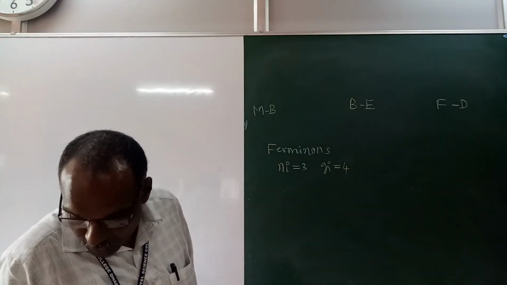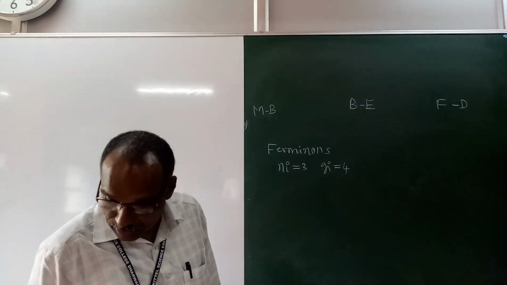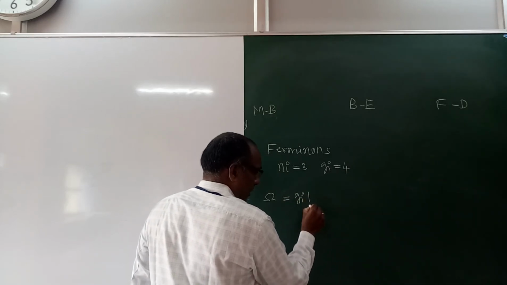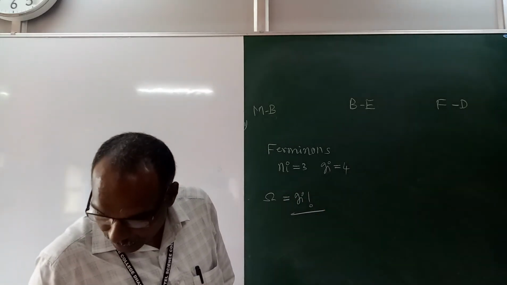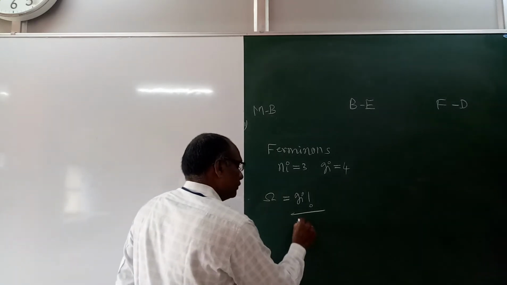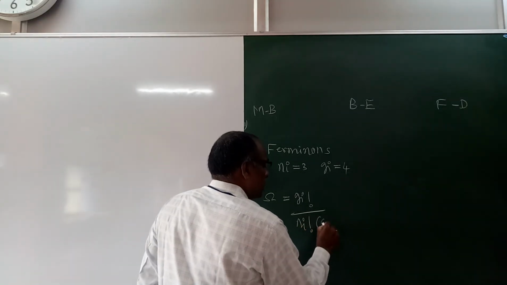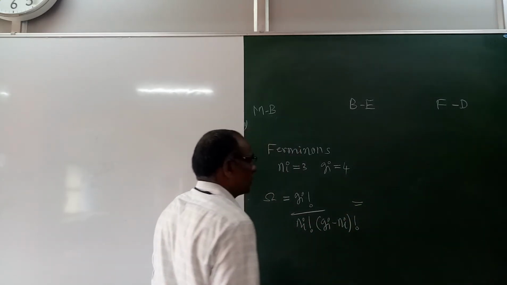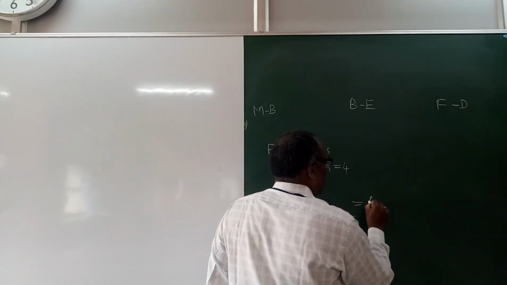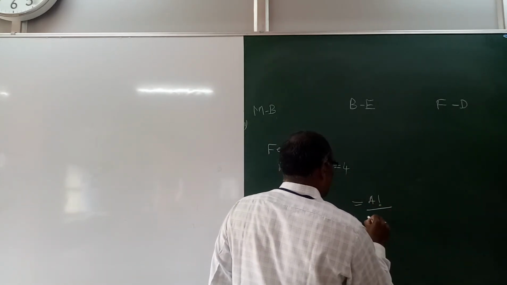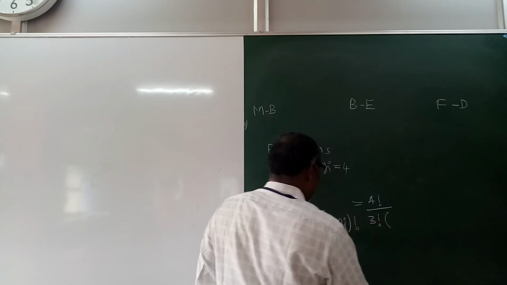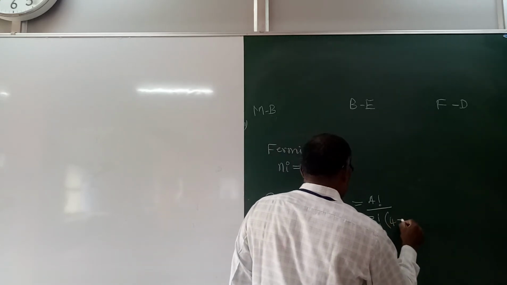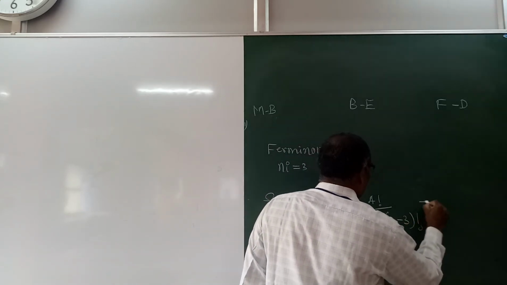So the formula which we need here for fermions is Gi factorial divided by Ni factorial, Gi minus Ni factorial. Let us substitute. Gi is 4 factorial, Ni is 3 factorial, Gi minus Ni, Gi is greater than Ni, so 4 minus 3 factorial. Let us solve this.